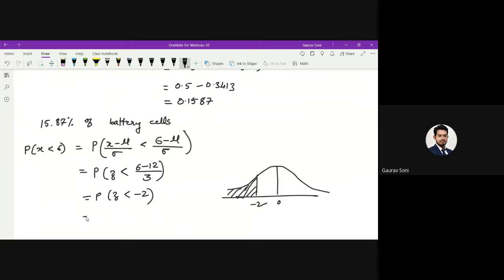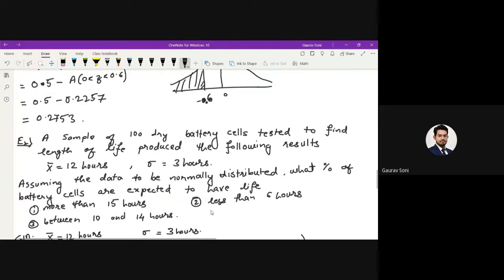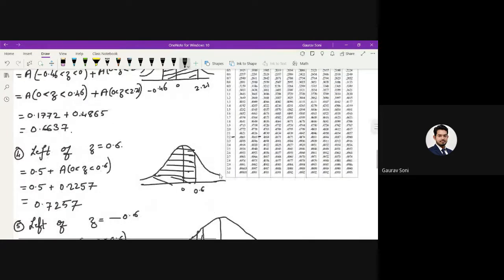This will be equal to 0.5 minus the area under 0 to 2. 0.5 minus the area from 0 less than z less than 2. Go to the statistical table. 2.0, 0.4772.